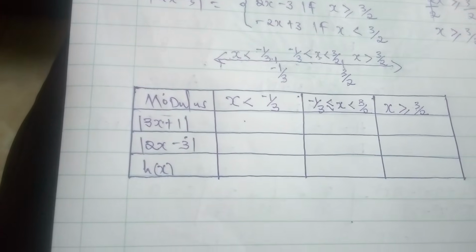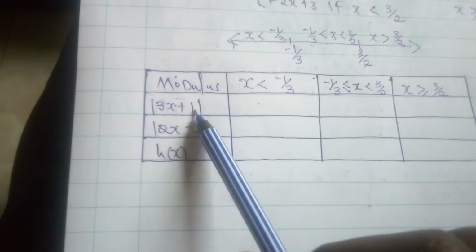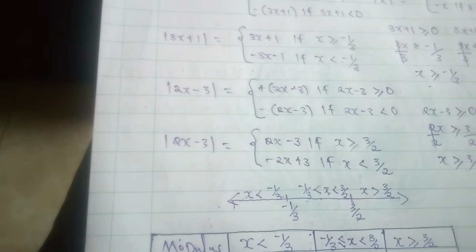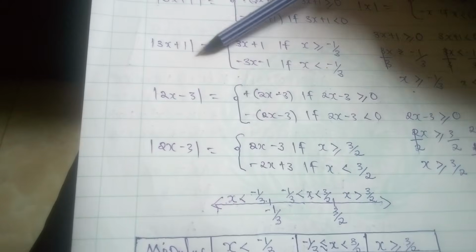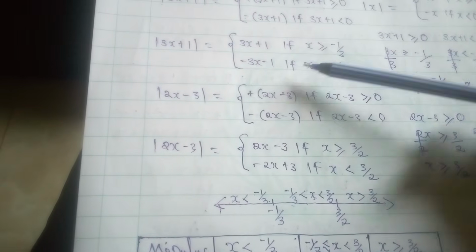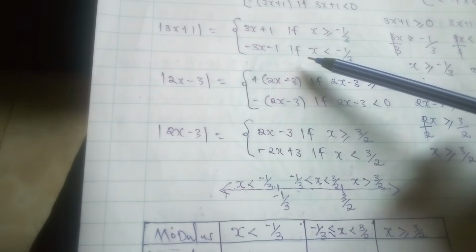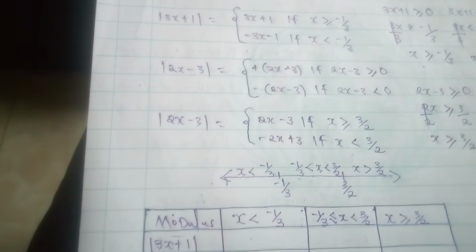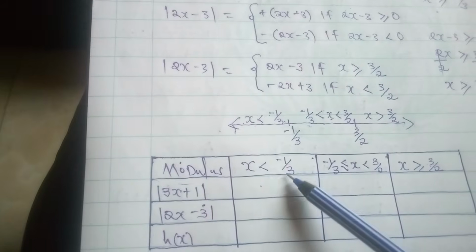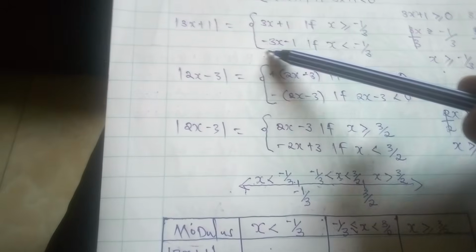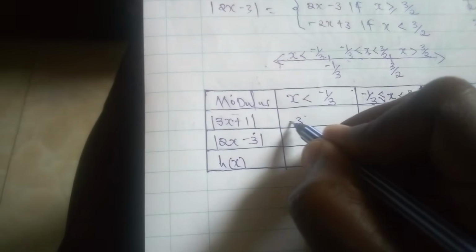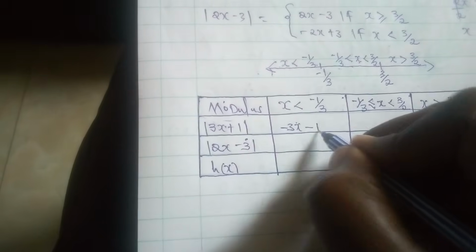Now from there we're going to follow each modulus. So 3x plus 1, we're going to go on the inequality 3x plus 1 there. Which equation is x less than -1/3? We see that equation, so you write it the way it is. That is -3x minus 1.